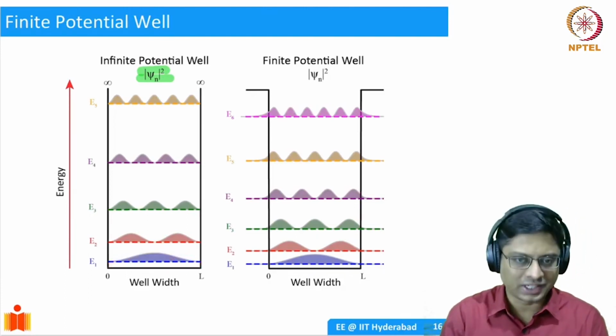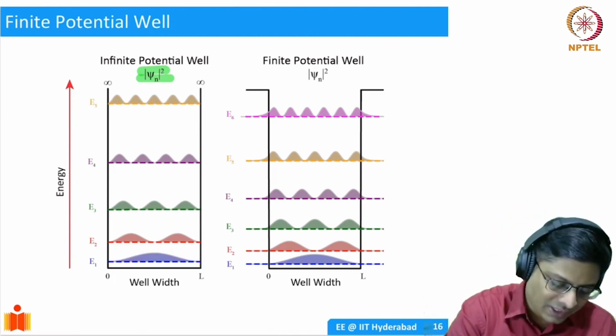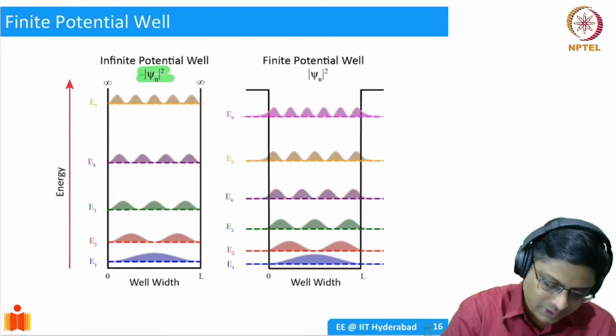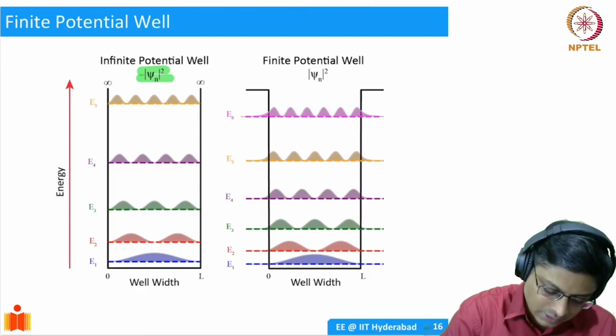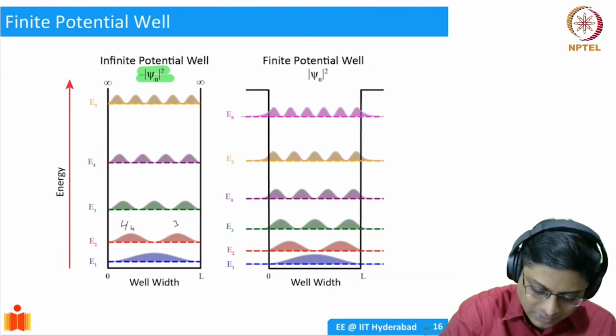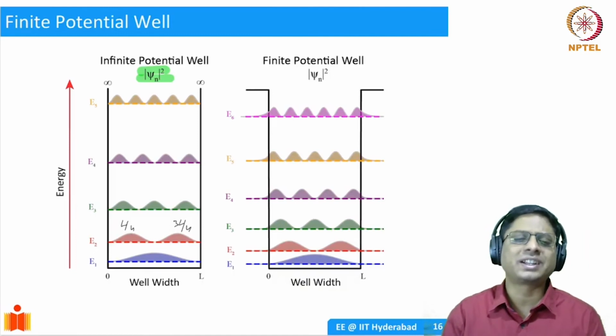It is said to be in the first state, energy level 1. If the probability is distributed, for example, you have highest probability at 2 locations, this is basically at L by 4 and 3L by 4. Sorry, 3L by 4. So at 2 locations, you have the maximum probability of finding an electron. It's said to be in the second state.